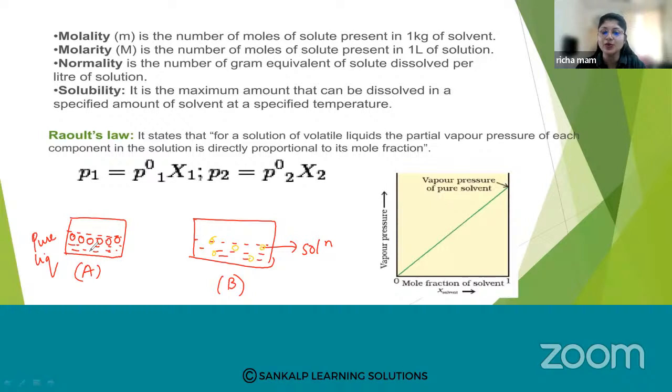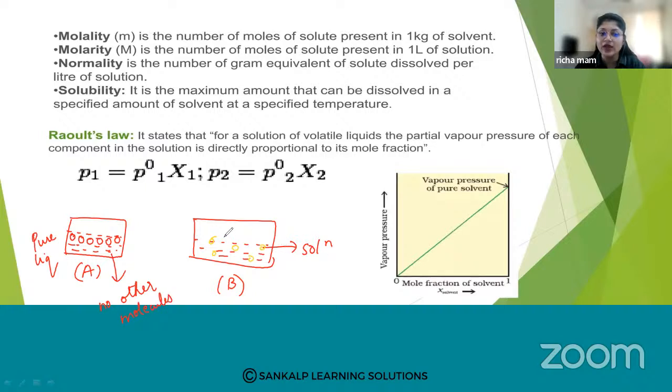So the pure liquid will have more vapor pressure as compared to the solution, because in the pure liquid no other molecules are present to disturb them.